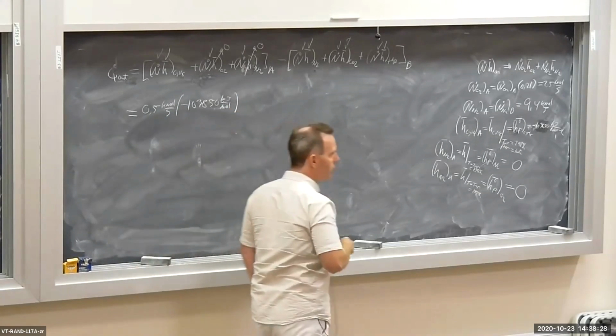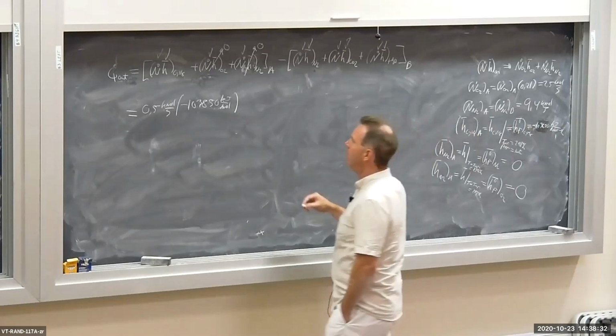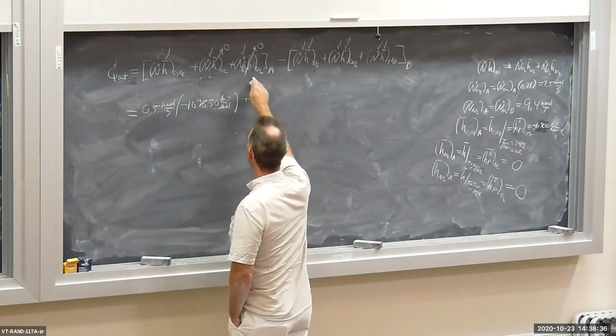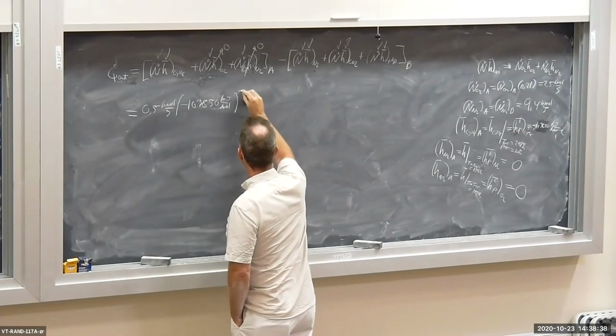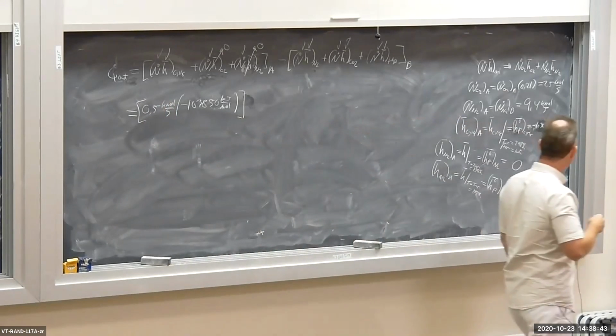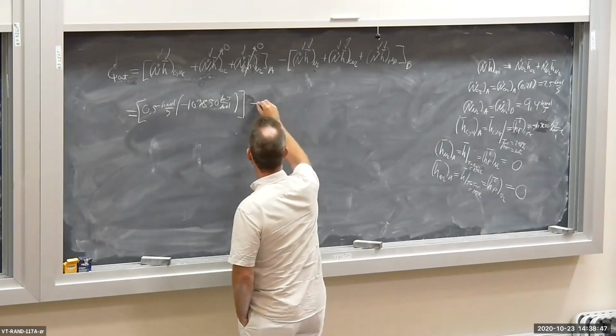Notice we're going to get kilojoules per second, so we're going to get watts in all the terms here, which is what we want. So that's the reactant side. Put a bracket around that.